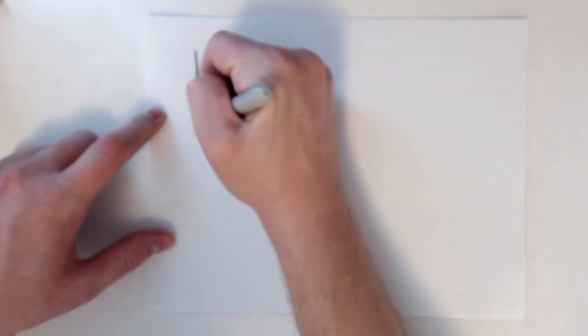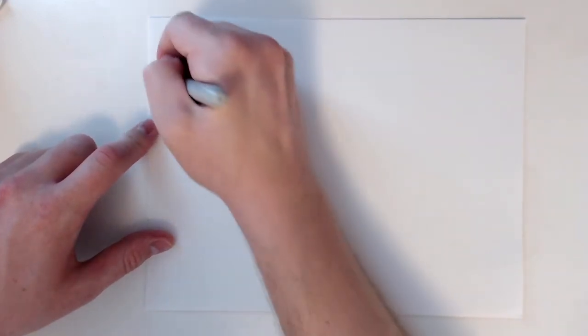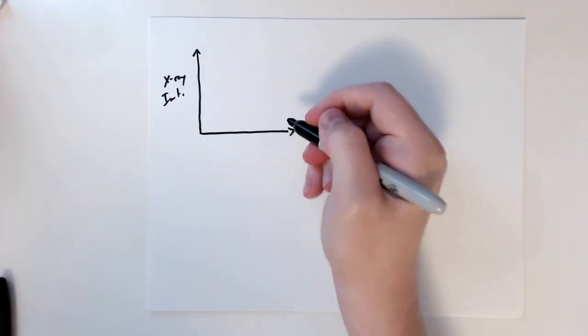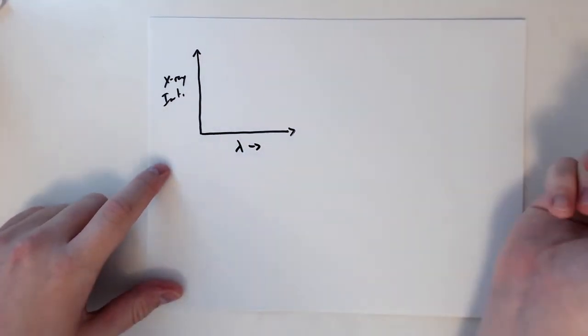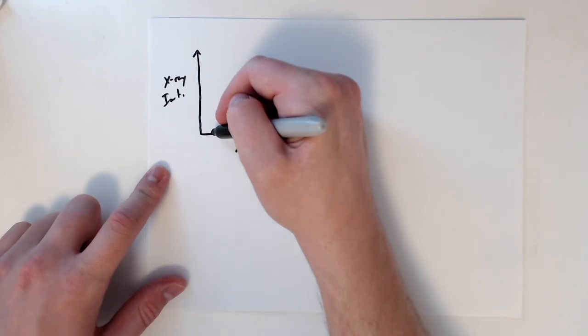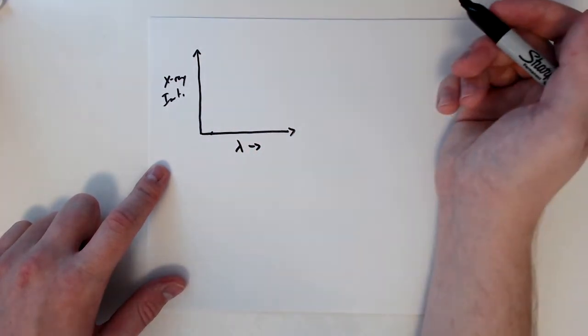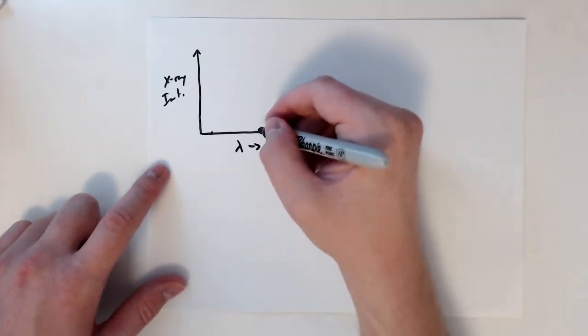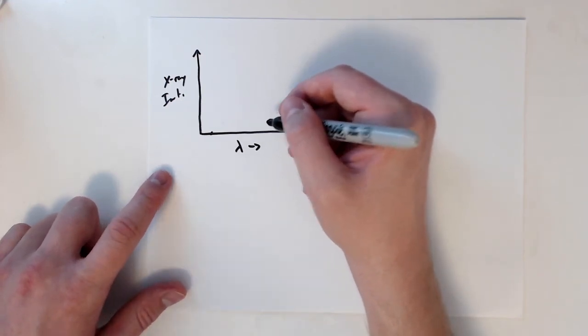Okay, so let me sort of draw you what these spectrums often look like. So on the y-axis, we're going to have intensity. So this is X-ray intensity. And then on the x-axis, we're going to have wavelength. So I'll just put that as lambda. And so on the short wavelength, we have that limit, right? Let's start with the lowest voltage.